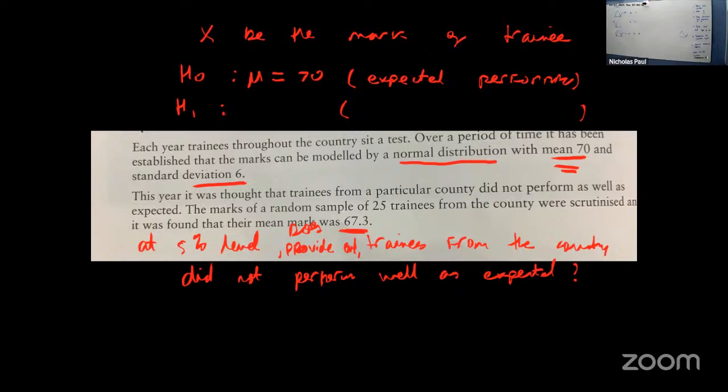This is not as expected. So about the question, right? What do you think am I going to write there? Am I going to write mu is less than 70, mu is more than 70, or mu is not equal to 70? What do y'all think?